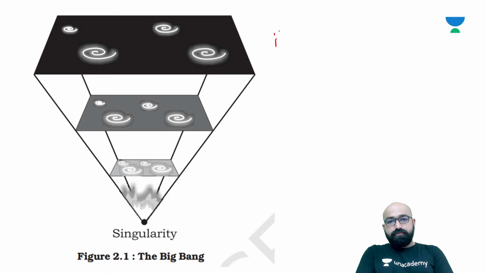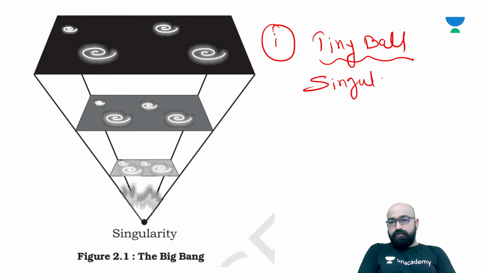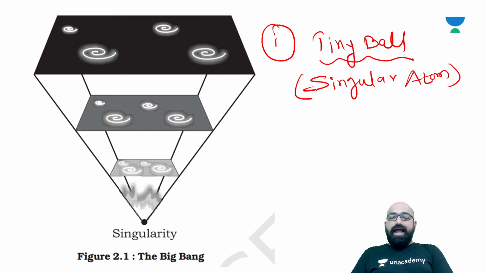First, in the beginning, all matter forming the universe existed in one place in the form of a tiny ball, that is, a singular atom, with an unimaginably small volume, infinite temperature, and infinite density.